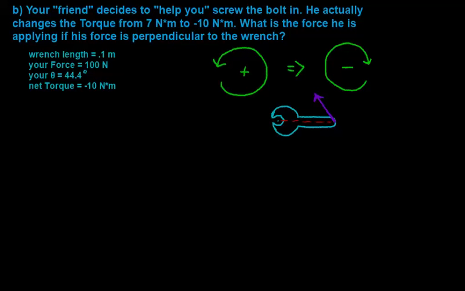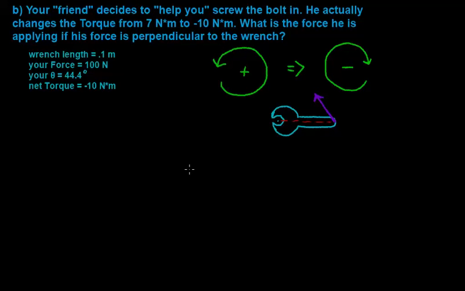So if we look at our little wrench diagram here, we have the length of our wrench in red, and we have our force that we've been applying since part A in purple. And what we're going to do first is draw a vector that represents our friend's force, because the net torque of this wrench being moved is changed from a positive torque to a negative torque.